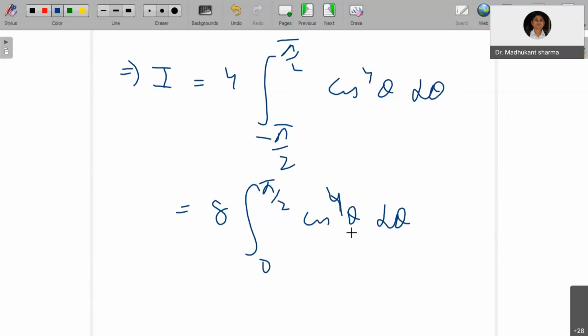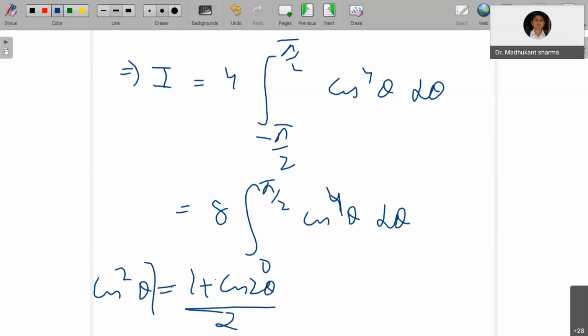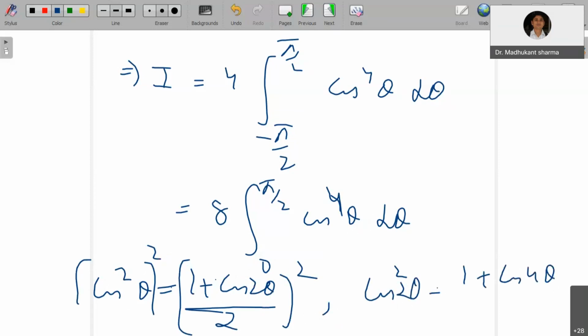You have to write cos square theta as (1 plus cos 2 theta) by 2, use that fact and square it. Then replace cos square 2 theta by (1 plus cos 4 theta) by 2, solve this integral and get the final value.